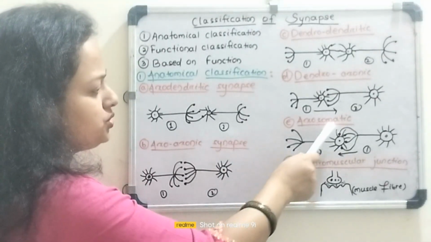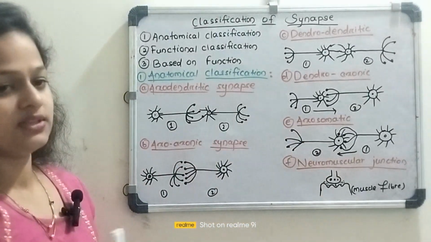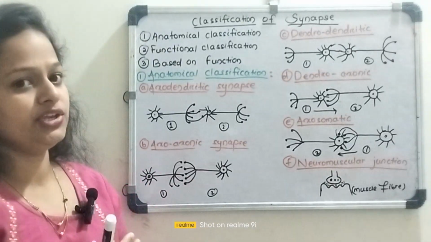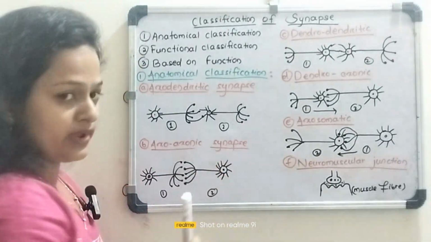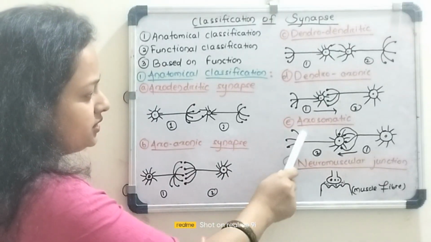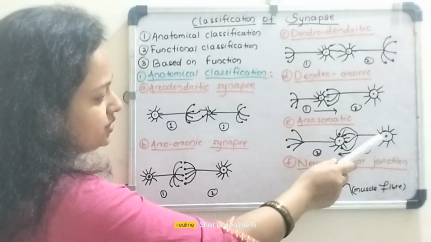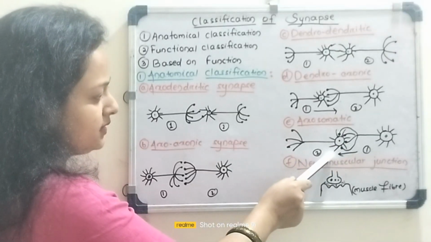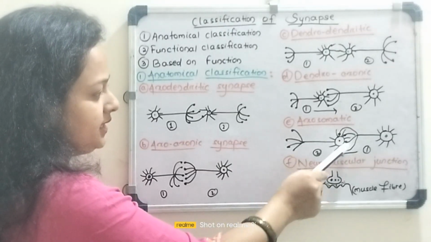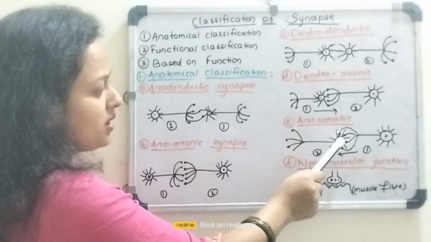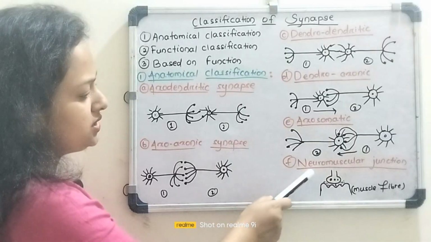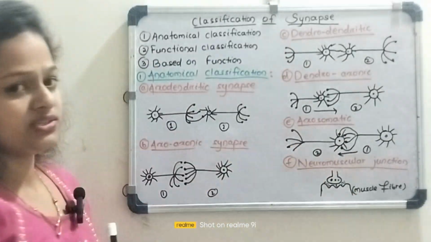Then is the axosomatic synapse. As you know, soma means body, and this is the cell body of the neuron. So when the axon of one neuron connects with the cell body, the soma, of the second neuron, it forms the axosomatic synapse. And the last one is the neuromuscular junction.